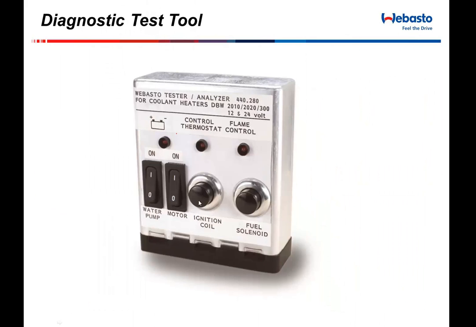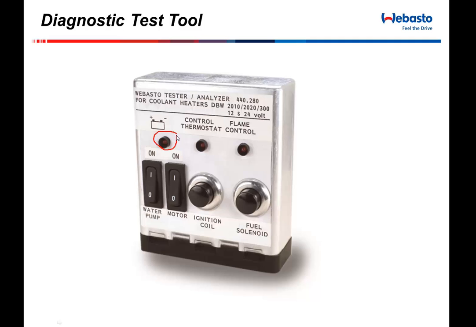On the tool, you've got 3 lights, 2 buttons, and 2 switches. The very first light is just a battery indication, saying I've got a good 12 volts coming to the unit. If the light's not coming on, your problem is you don't have any power.